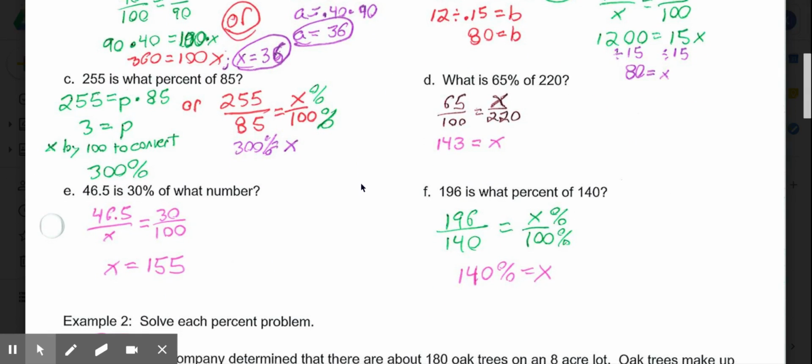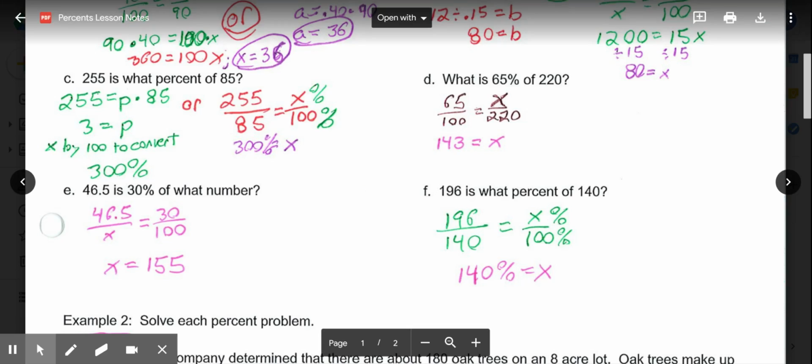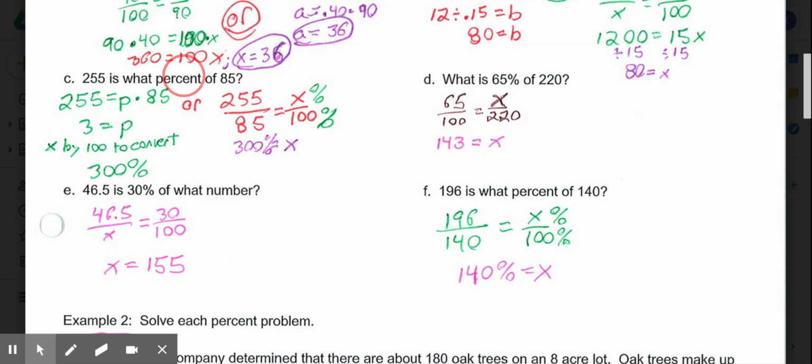So if we look at C, 255 is. So 255 takes the place of the word is. What percent? So they're asking what percent. So I know my percent will be my variable. And then they said of 85. So they gave me the of, 85. So is over of: 255 over 85 equals what percent, x out of 100.